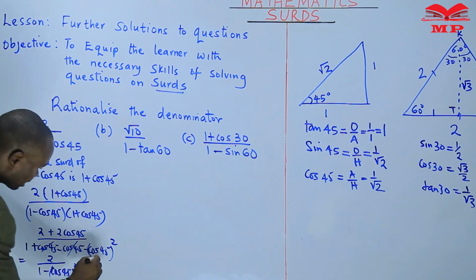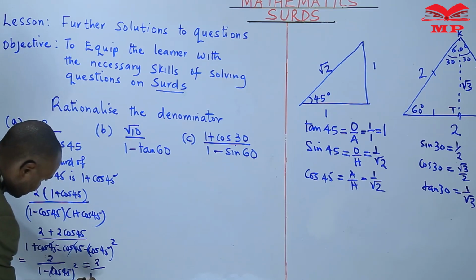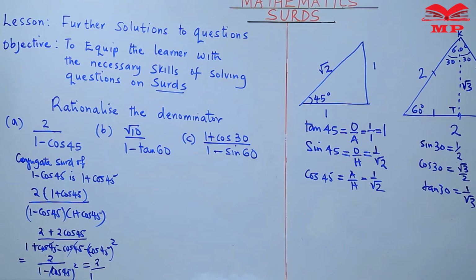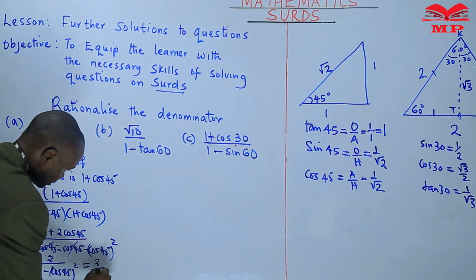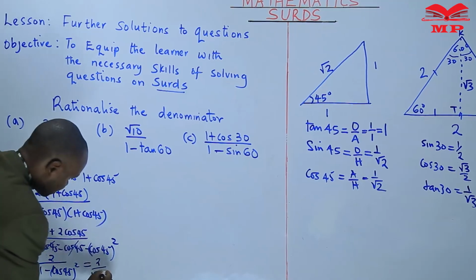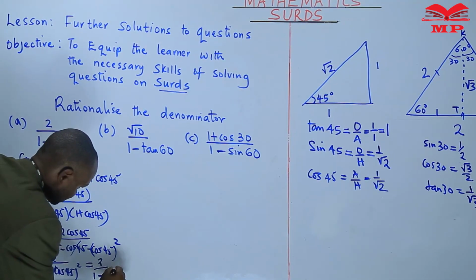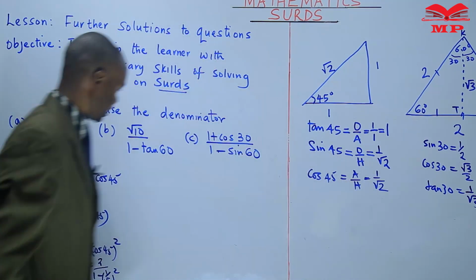So you'll have 2 over 1 minus 1 over square root of 2 squared, because I already know cosine 45 is there.